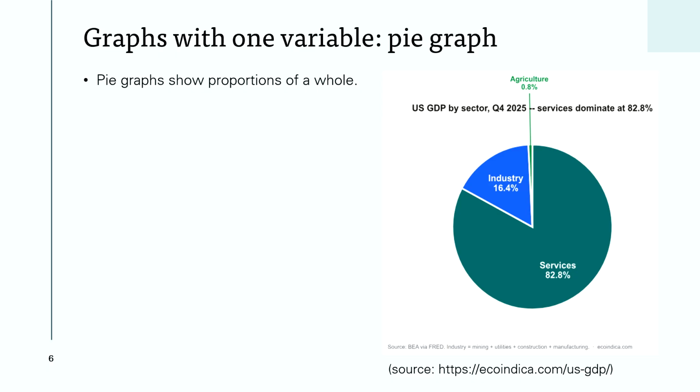For example, if you want to examine the composition of GDP by sector, we might divide GDP into agriculture, industry, and service. Each category would occupy a portion of the pie according to its contribution to total GDP. Pie charts are especially useful when the objective is to show relative shares rather than precise numeric values.